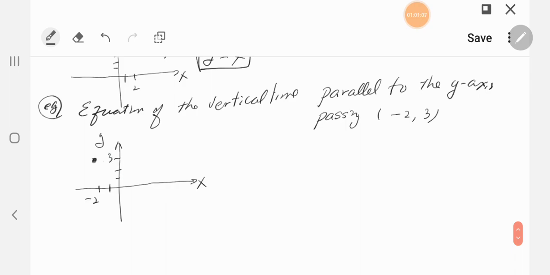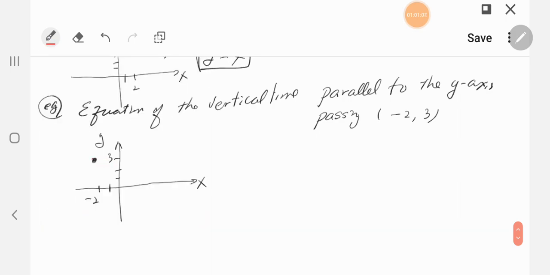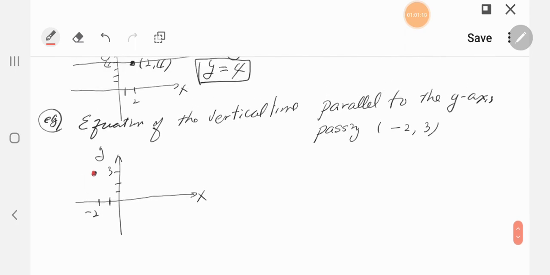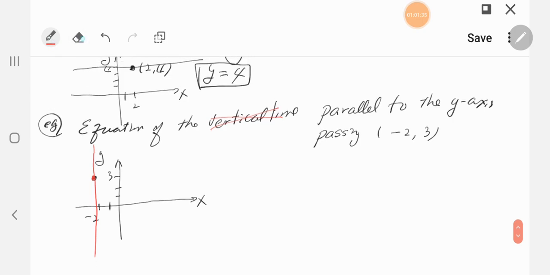So the line is passing through this point and is parallel to the y-axis. So that is the vertical line. Even if we don't indicate it like this, the equation of the line parallel to the y-axis, passing through (-2, 3), is a vertical line.